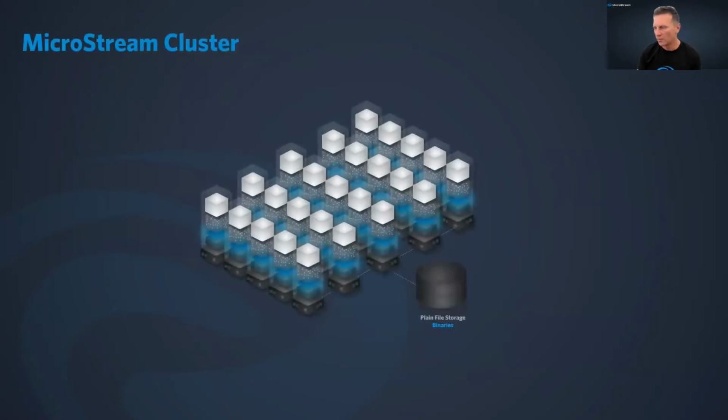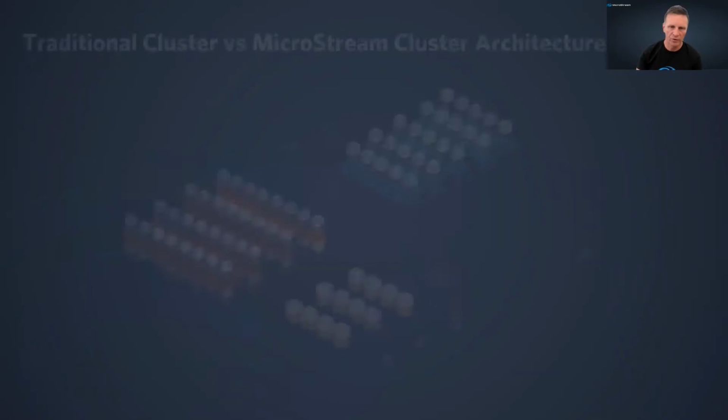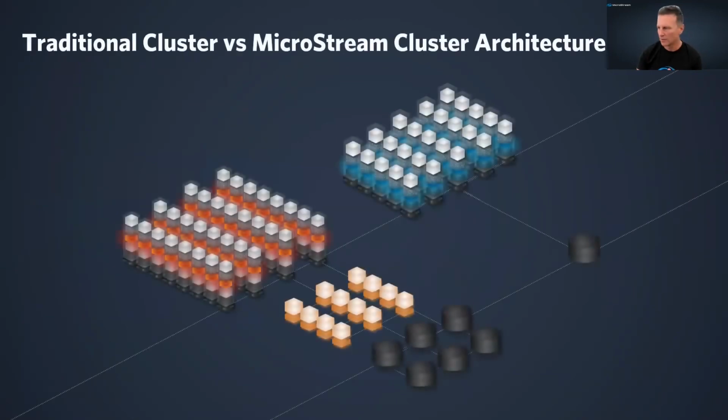Now we have a MicroStream cluster, and we don't need a local cache anymore, which means we don't need a distributed cache anymore. It's because we distribute the object graph in memory. This is the big difference between classic cluster infrastructure and MicroStream cluster architecture. And we also don't need to distribute a database, because we don't use a database system anymore.